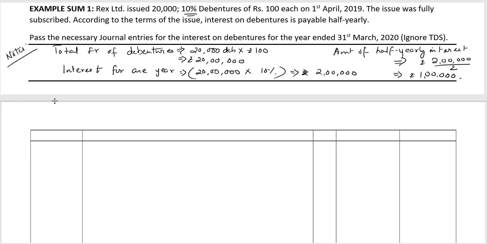Let's proceed with the journal entries. Solution. In the books of Rex Limited, journal.